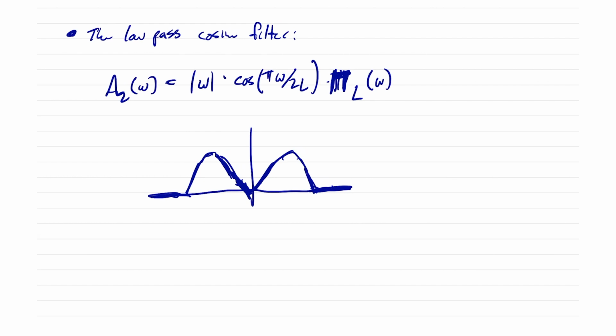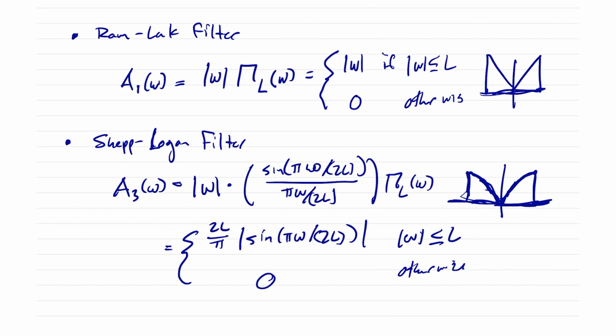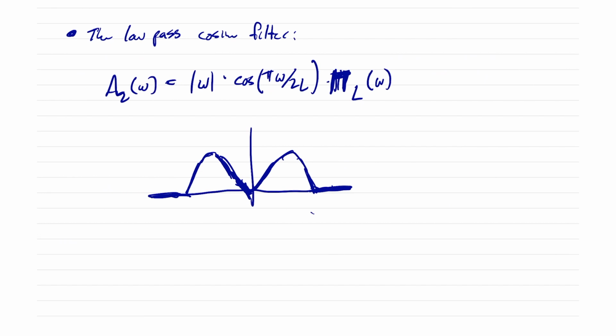Now, if you take a look at these three different ones, the one that most closely matches the absolute value is this one. Then this one is a little bit worse, but it's different. And this one actually vanishes at the other endpoint, but it matches the absolute value function the least out of these three.